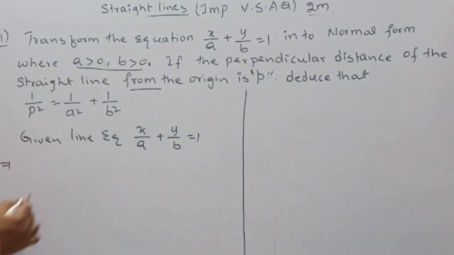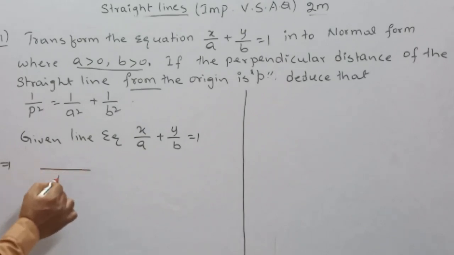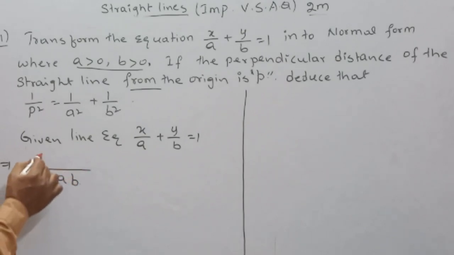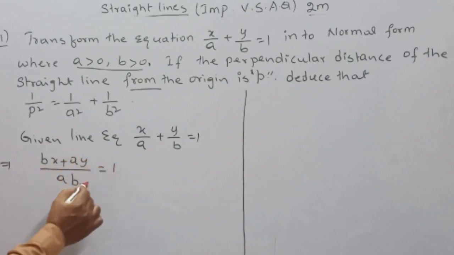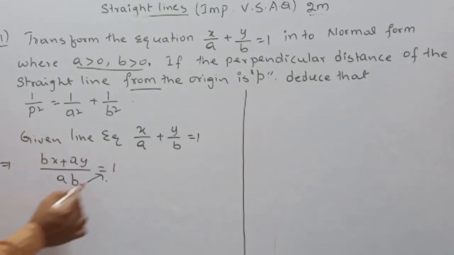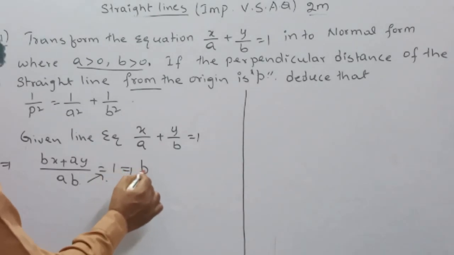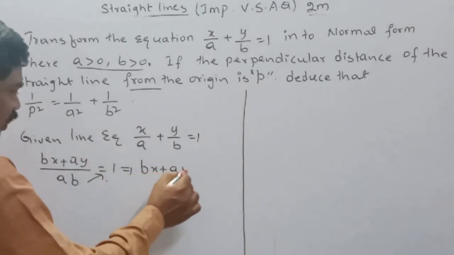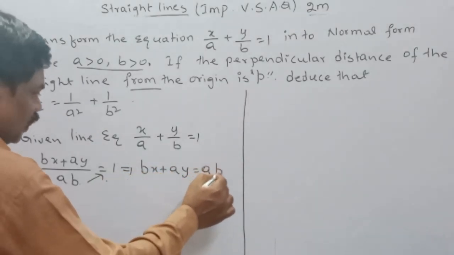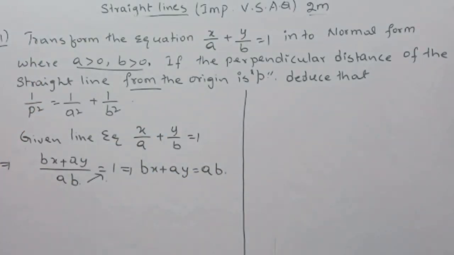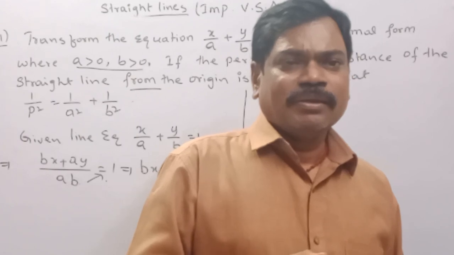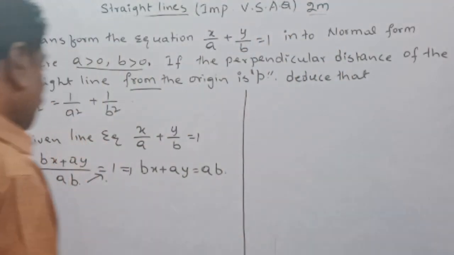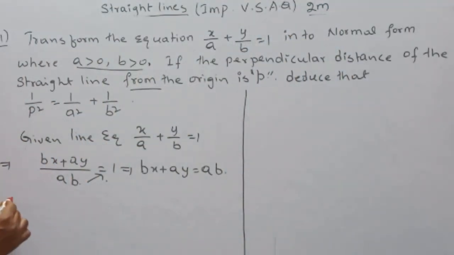So, you can write this, here ab is the LCM, as bx plus ay is equal to 1. By cross multiplication, that is bx plus ay is equal to ab. Okay, all of you. This you can change into normal form. What is normal form?